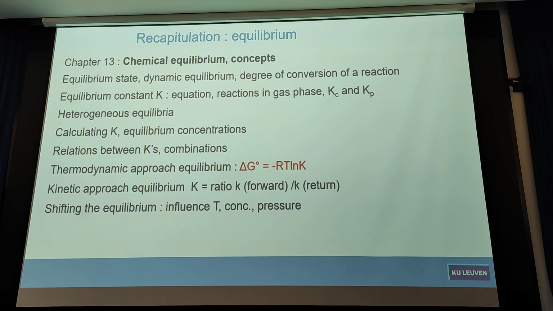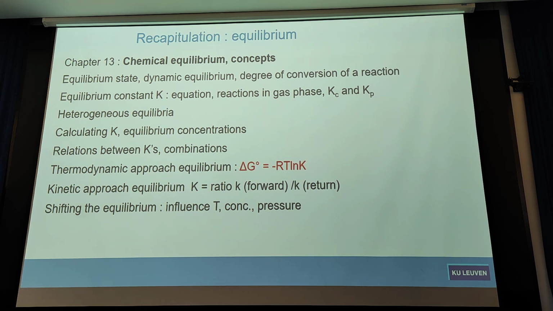Since in this chapter we mostly discussed reactions in the gas phase, we could define both Kp, and these are the ratios of the pressures, or we could define Kc, which is the ratio of the concentrations.